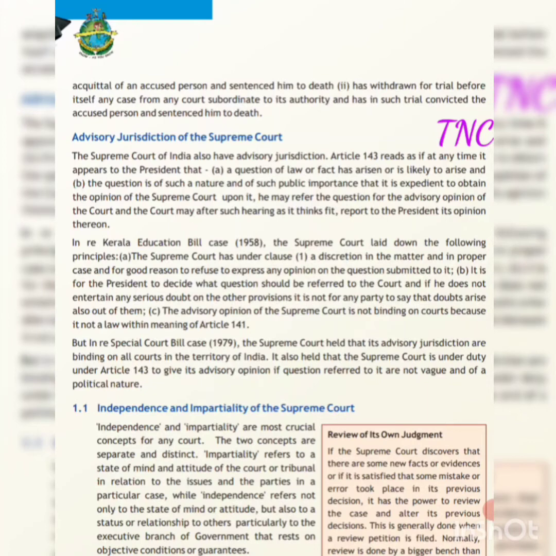Under subclause 1, the Supreme Court has a discretion, meaning if it seems fit to them, in some crucial matter, for a good reason, for a valid reason, they can refuse to express any piece of advice.